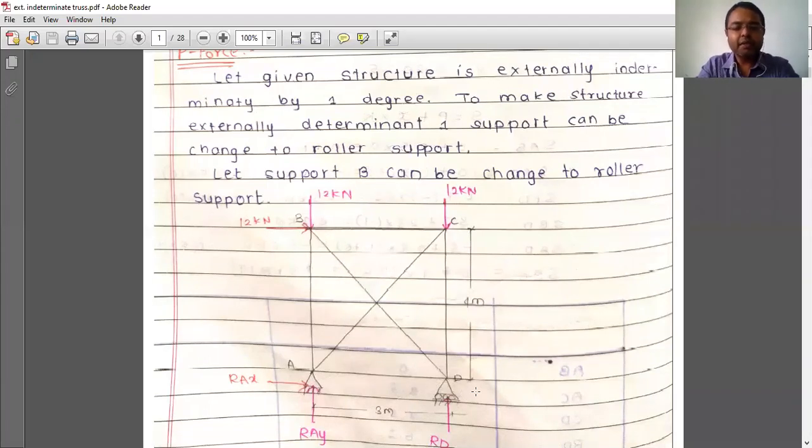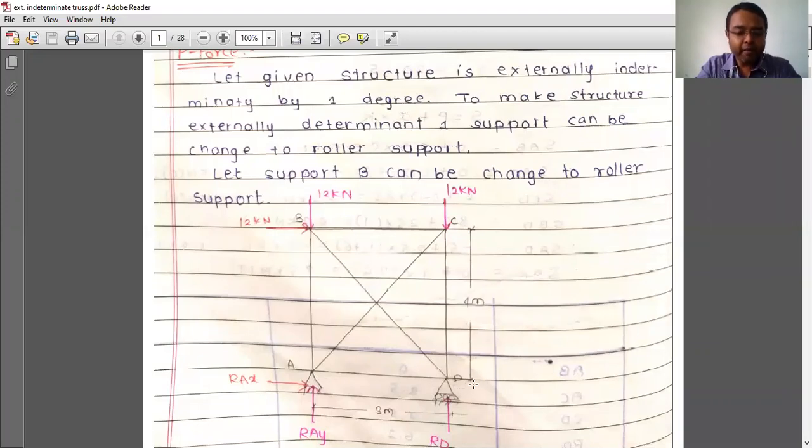Okay. So here at joint D, I made some changes. Instead of a hinge support at joint D, I have provided a roller support.